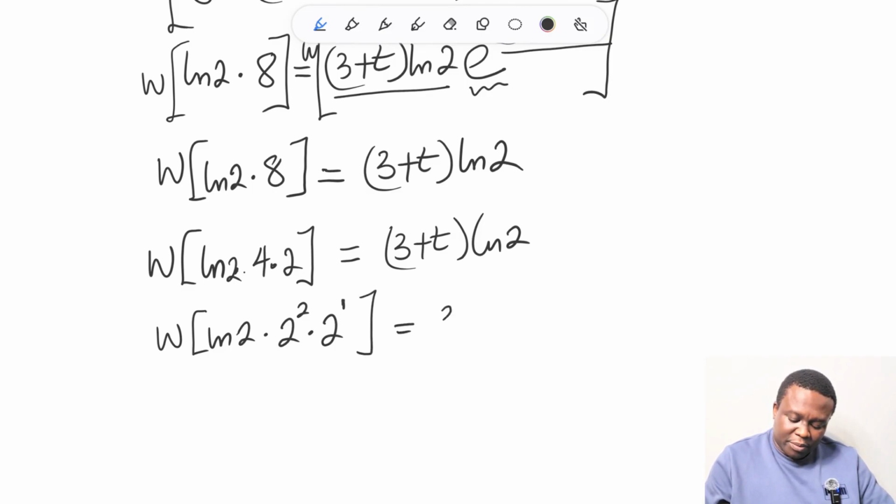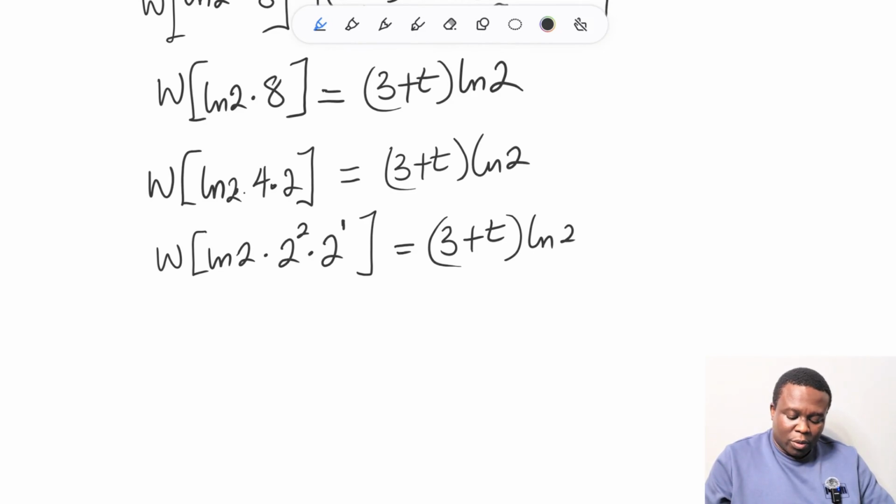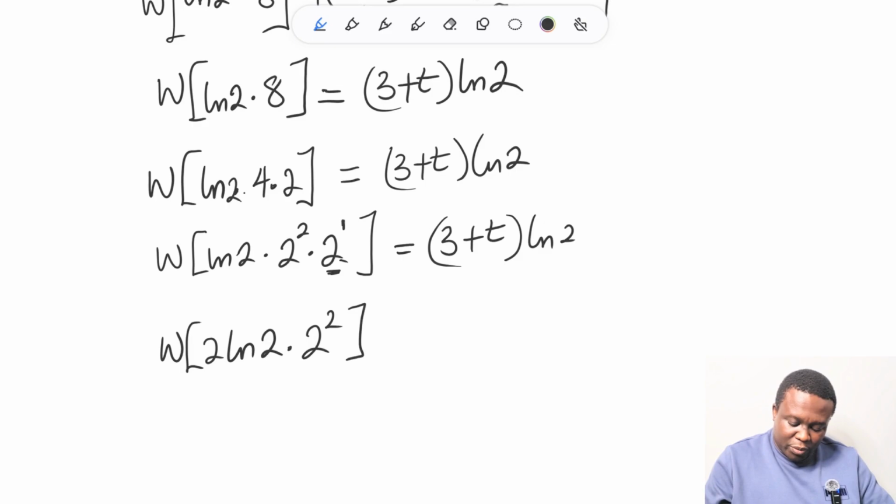Doesn't matter. You can still write it as just 2. So we take this 2 raised to the power 1 and send it behind our ln 2. So we have 2 ln 2, 2 raised to the power 2.